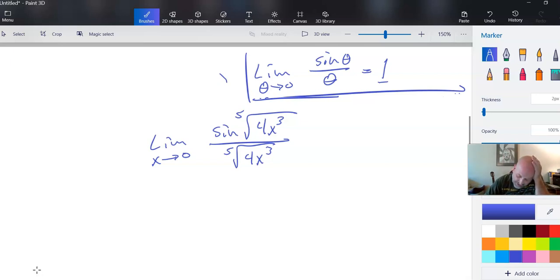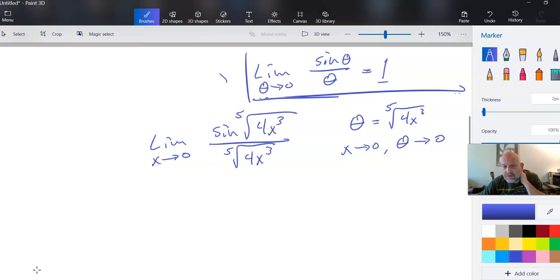Okay, so what we want to check now is, if we let theta equal the argument of sine, is it true that as x goes to 0, theta goes to 0? If I'm making x 0, theta has to be 0 too, right? That's basically what I'm checking. As x gets closer to 0, theta does the same thing.